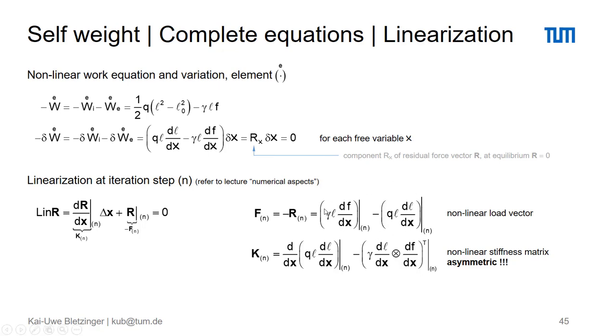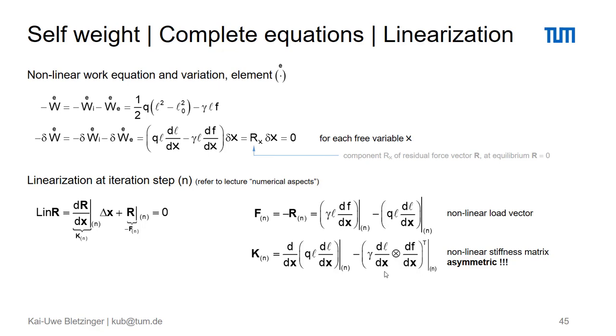Again, taking derivatives of the residual force vector ends up in another derivative with respect to the three variables of the energy term and another derivative of the weight term, now with respect to x. And there you see that in this step of linearization, we also have to consider the derivative of the length. The derivative of the length only comes from linearization during iteration.